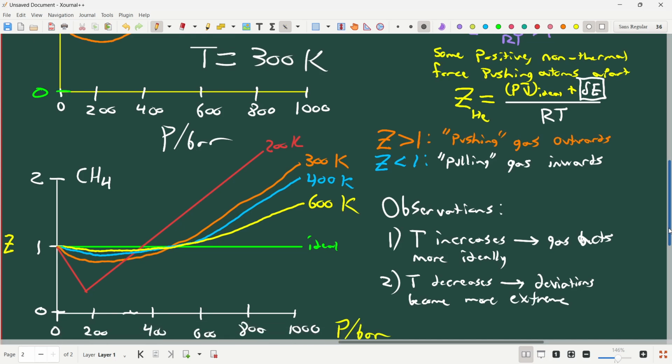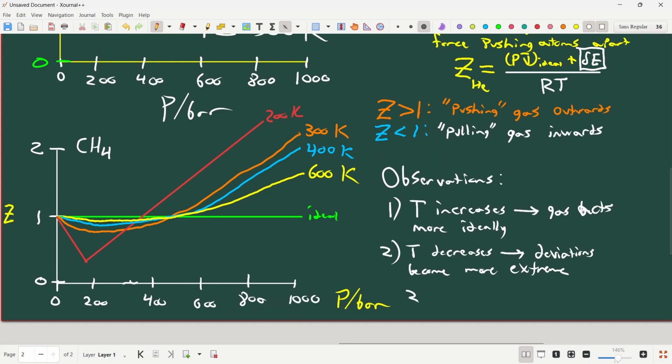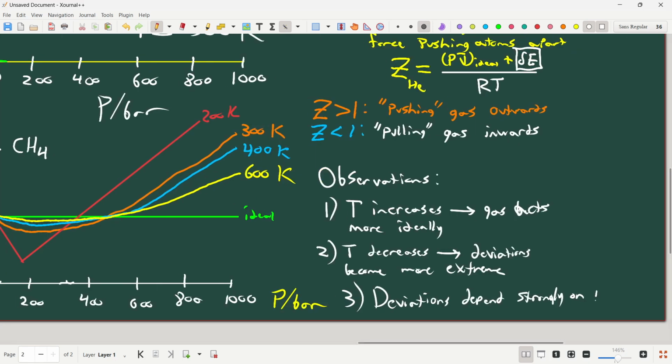And it seems that deviations depend strongly on pressure.